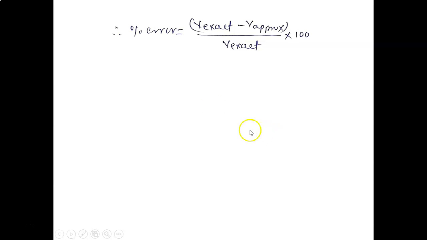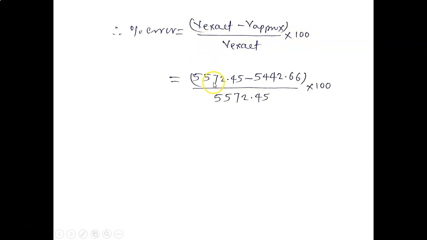Therefore next we will find out percentage error. Percentage error is equal to (V exact minus V approximate) divided by V exact into 100, which is equal to (5572.45 minus 5442.66) divided by 5572.45 into 100. Therefore, percentage error we are getting as 2.32.